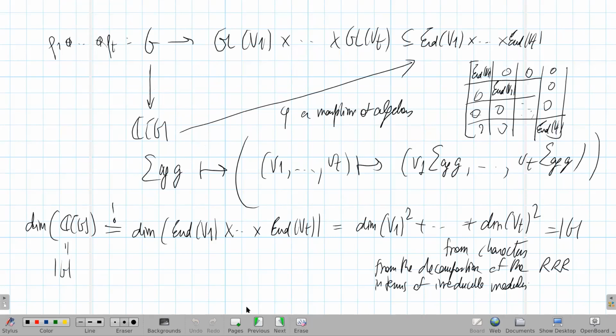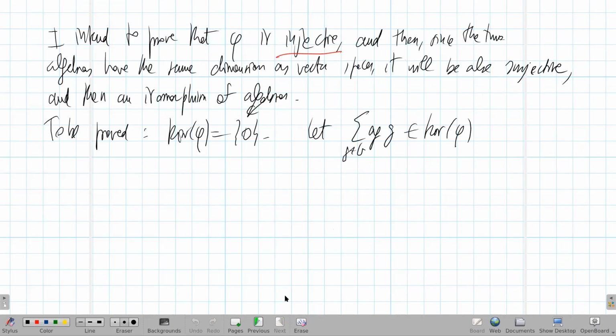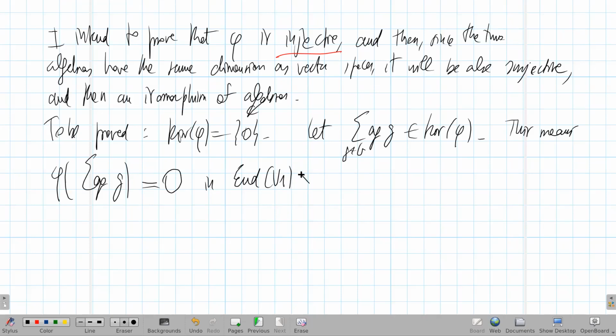So this means that this element goes to the 0 map. This element acts as 0 on these vector spaces. So phi of this is the 0 element in this product of endomorphism algebras, matrix algebras, if you prefer, if you take a basis.